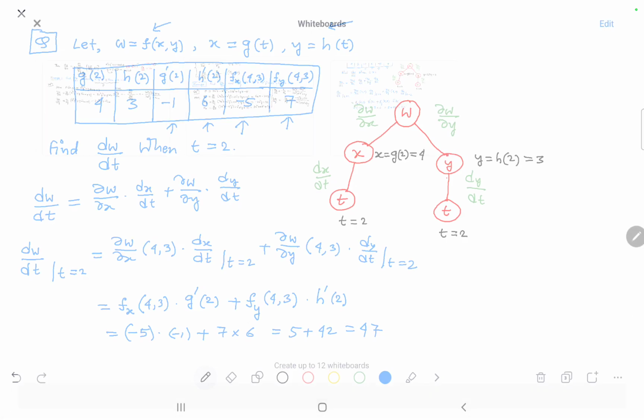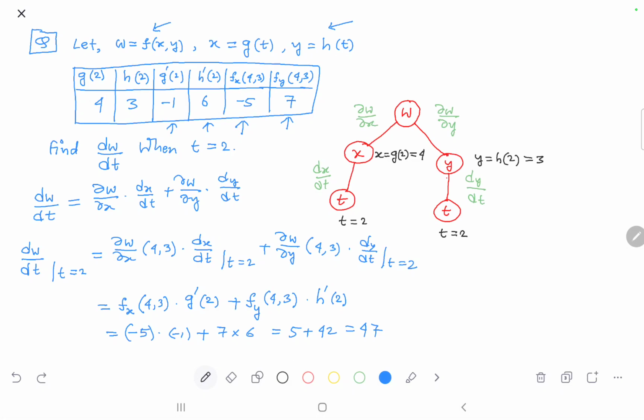And in the first lecture, we have seen the chain rule. There also we have seen two cases. Mayan, any question so far? 8.5 we finished. If you have any question, you can ask me now.